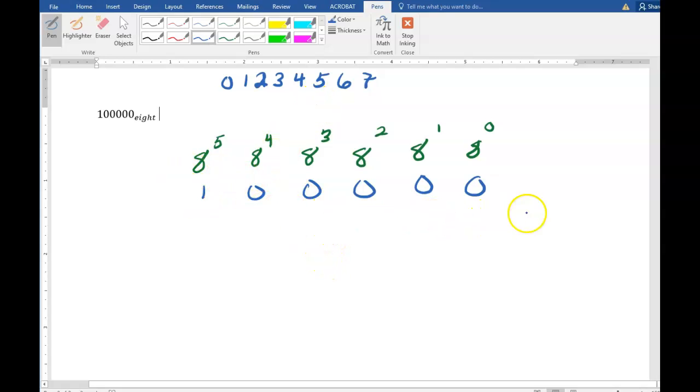Okay, so this one is a little difficult to think about because if I look at this and I want to go down 1, I think of this as being a 10. I have to change all of those zeros to 7s because I've got to go down 1. Think about changing this in base 10 minus 1. That would change it to a 0, 9, 9, 9, 9, 9 if I subtracted 1.